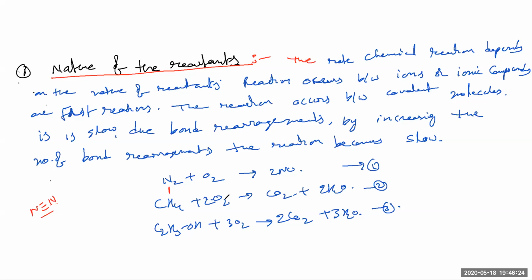All three reactions are combustion reactions in the presence of air or oxygen, so no need to consider oxygen. Only the major reactant, nitrogen. In nitrogen with oxygen, one sigma bond is formed, and 2 moles means 2 bonds. So the total number of bond rearrangements, BR: reactant side 1, product side 2, total is 3.